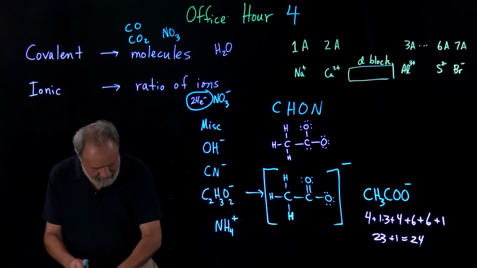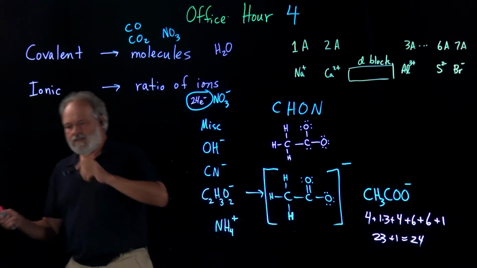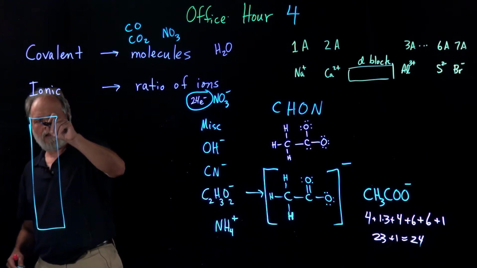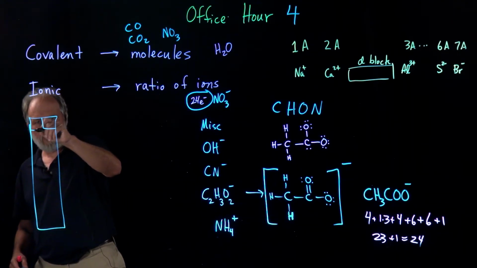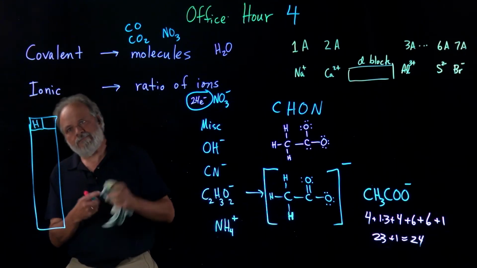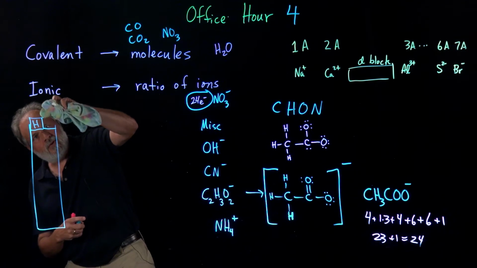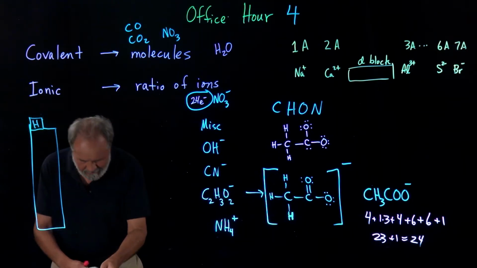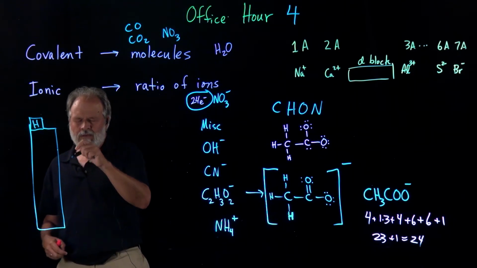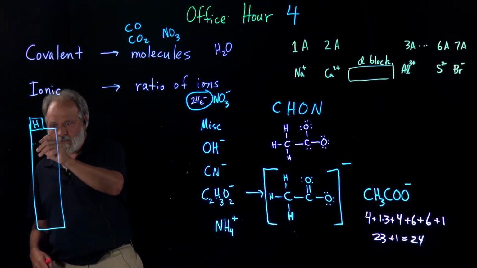All right, let me try. All right, so that corner I'm going to leave off. Most periodic tables put hydrogen by itself. And then there's a group of 4. So.